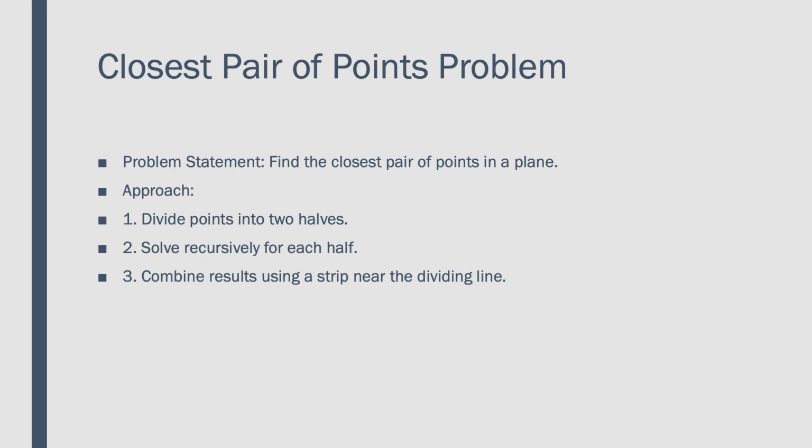So using the master theorem, this simplifies to big O n log n, a significant improvement over big O n square in the brute force method. So the closest pair of points algorithm demonstrates how divide and conquer optimizes geometric problems. The key improvement is the strip check, which prevents unnecessary computations. And this technique is widely used in computational geometry, computer graphics, and geographic information systems.